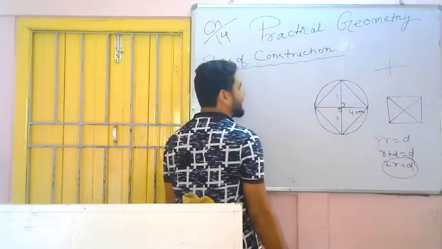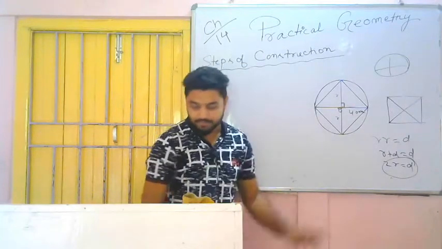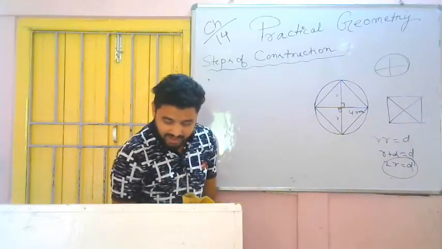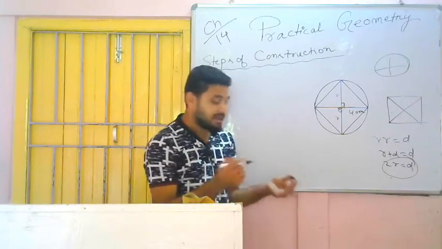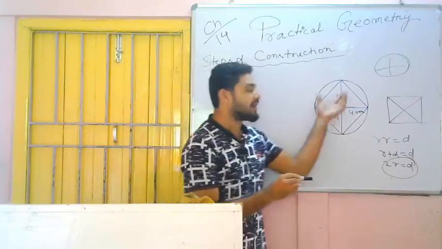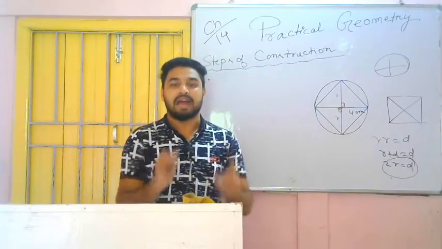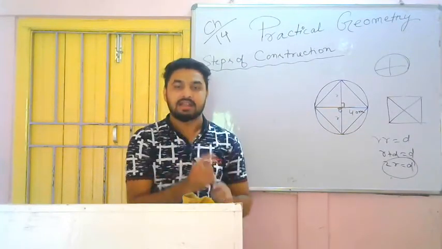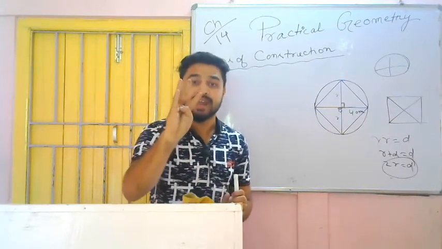If the diameters are perpendicular to each other, there is a chance of forming three types of shapes.